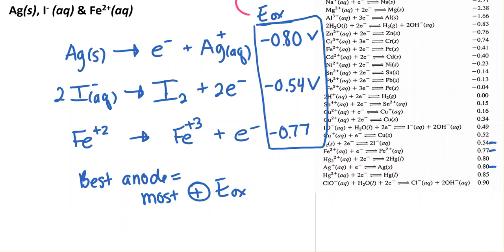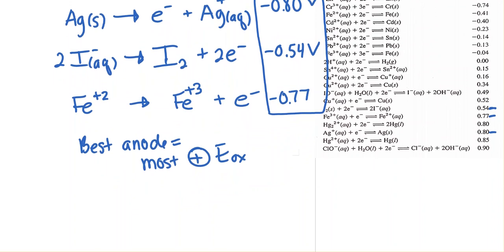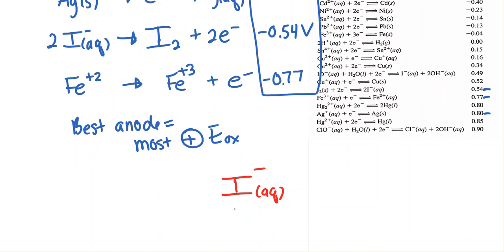Well, none of these are positive, so none of them are great anodes, but the best one would be the one that's least negative. So the best one is the iodine. So I'm going to write it over here because it's the best. This is the strongest anode.